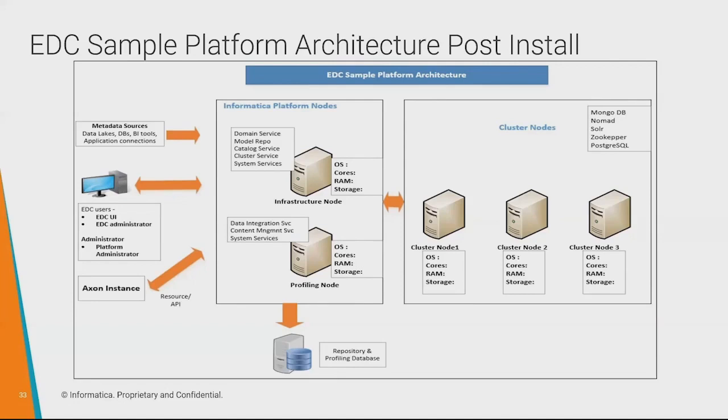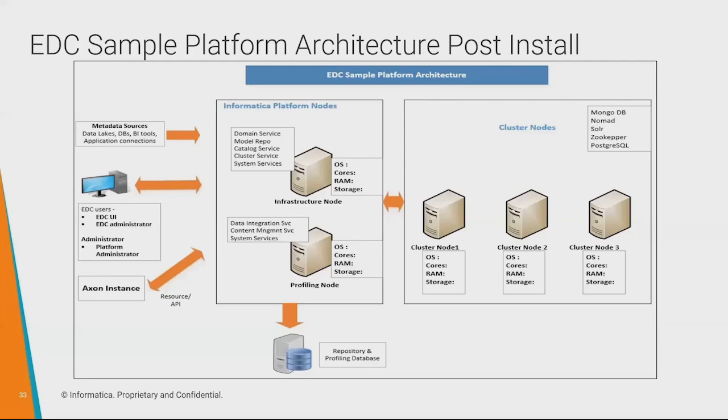Same goes for cluster nodes. You can be more specific here and say which node is your gateway node, which is your data processing node as well, and fill in more details on OS, cores, and RAM, storage. For the repository and profiling database, you can add more details like the database server name.